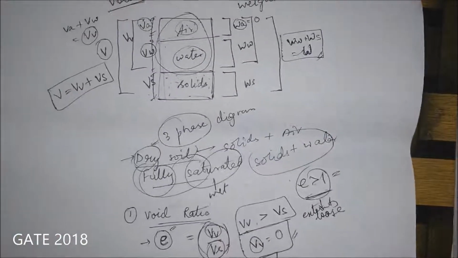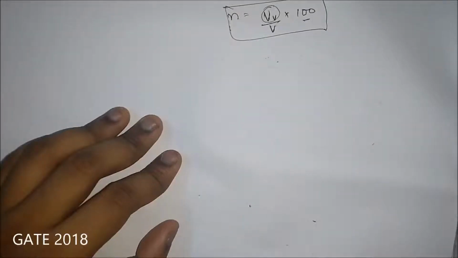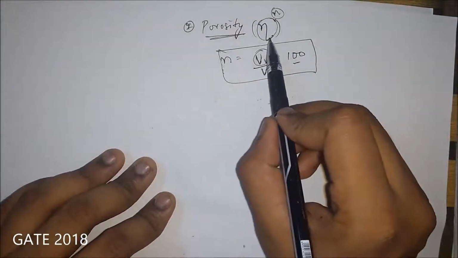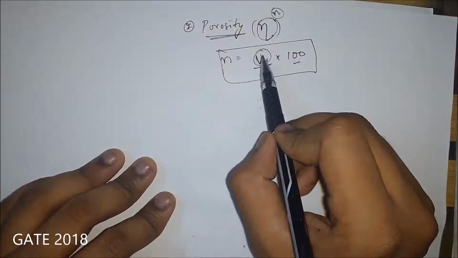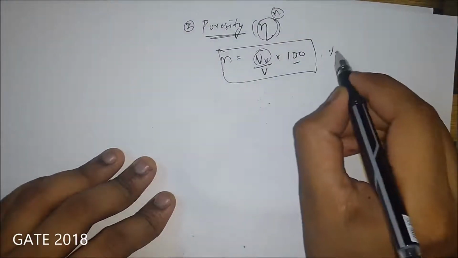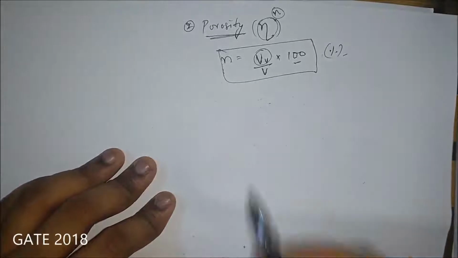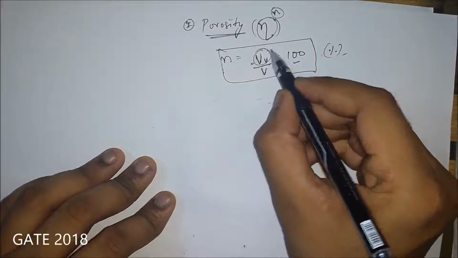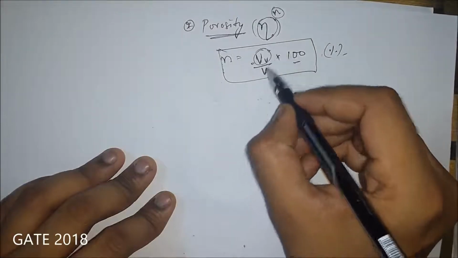Secondly, we come to porosity. Porosity is defined by N and is given by volume of voids by total volume of the soil into 100. So it is expressed as percentage. Now, the volume of voids, practically speaking, it cannot be equal to the total volume of the soil.